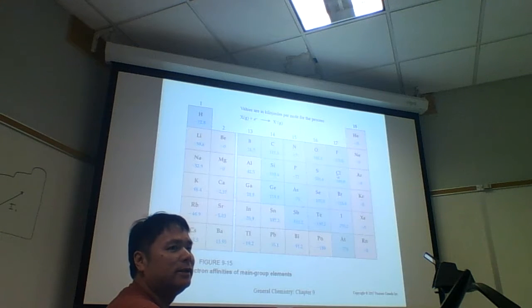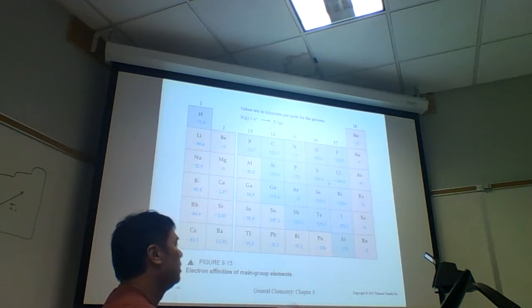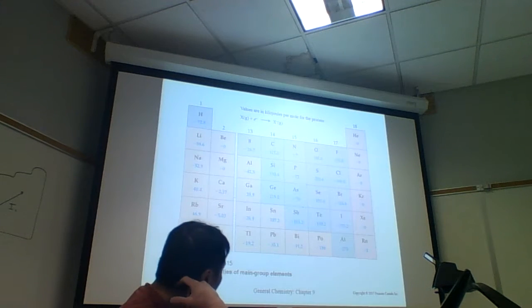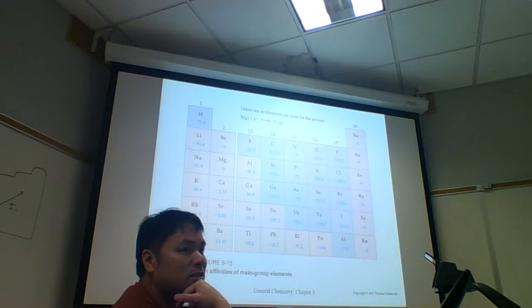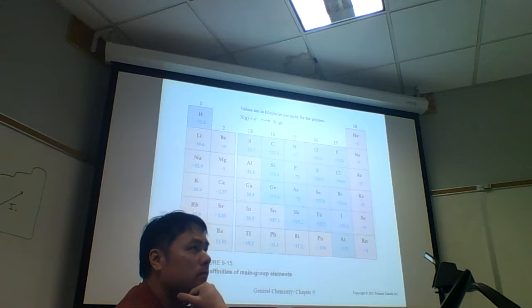But electron affinity is a composite of two things. One, the ability to attract an electron, and two, the ability to hold on to the electron. And it turns out that chlorine has the best compromise there, because it still has a decent ability to attract electrons. Chlorine's a powerful oxidizer.